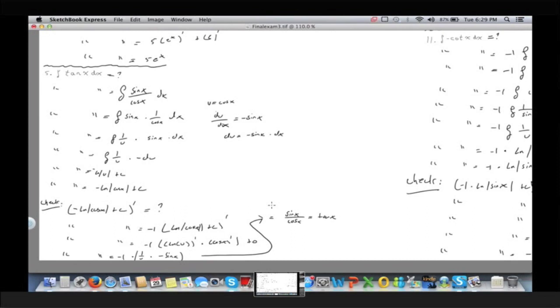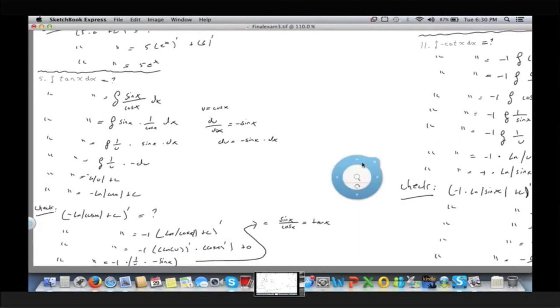Negative sine. Okay, and let's look at the check. Oh, that's the whole check. All right, one second.